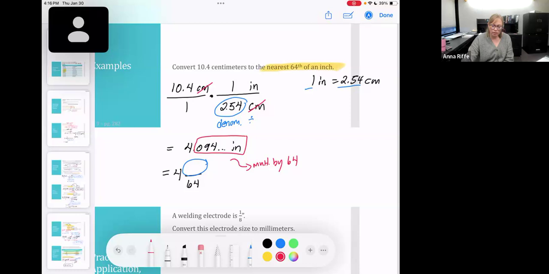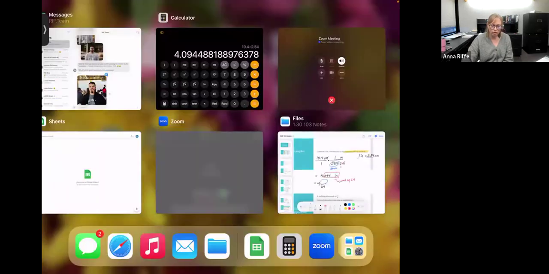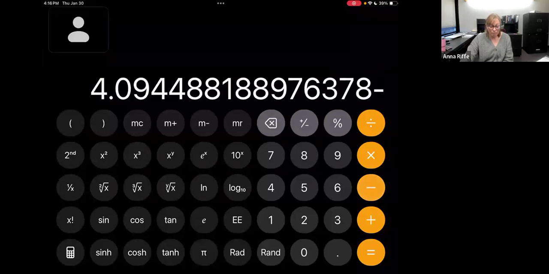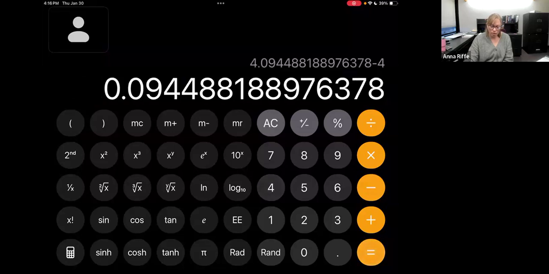That's why I didn't take this out of my calculator. Let's go back to our calculator. I want to take those digits to the right of the decimal point and multiply them by 64. If I don't want to do extra calculations here, I could just take away that 4, and that gives me the digits to the right of the decimal point.